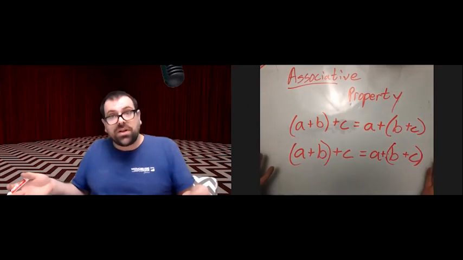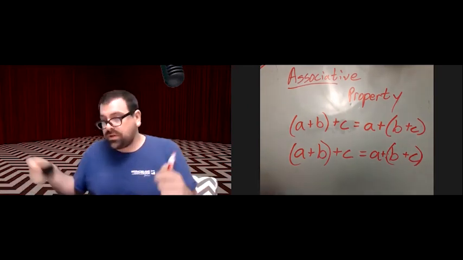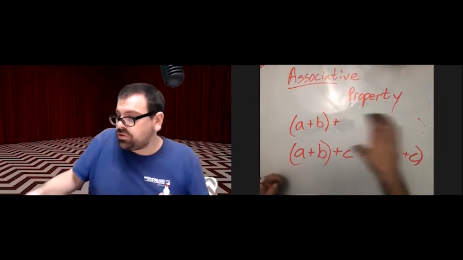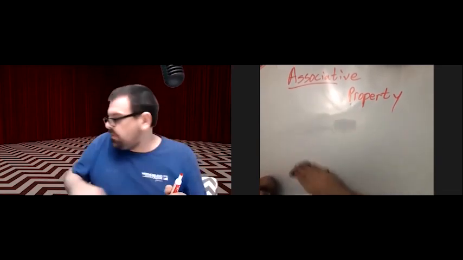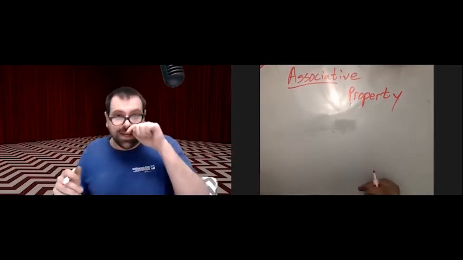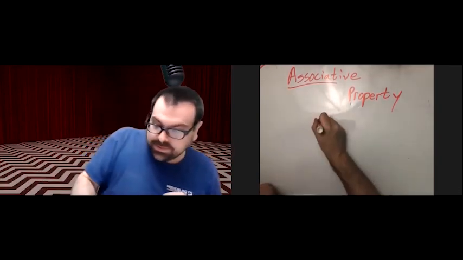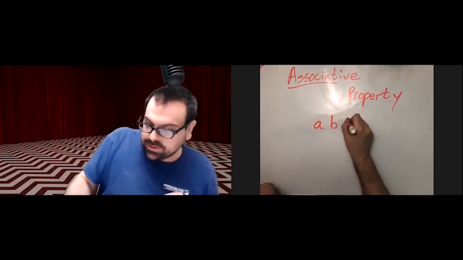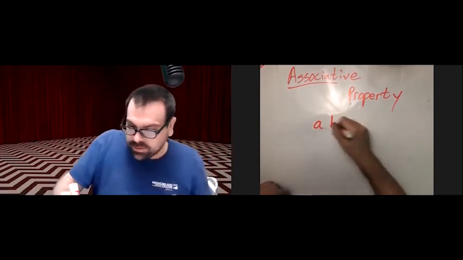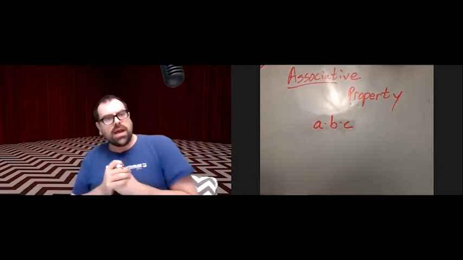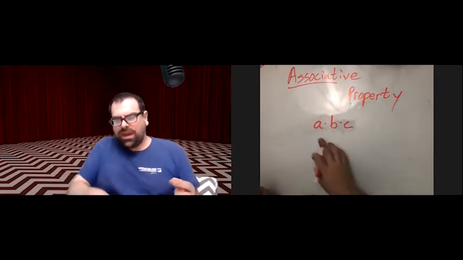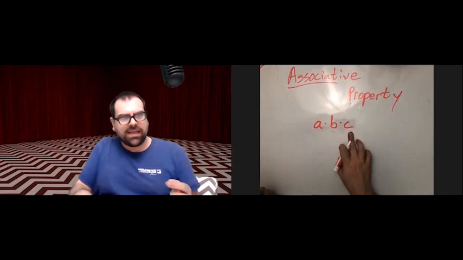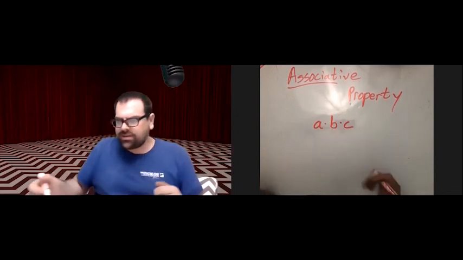Associative property of addition has plus signs. The other associative property is the associative property of multiplication. It has multiplication signs. Now, when we're talking about variables, A times B times C can be expressed with dots.